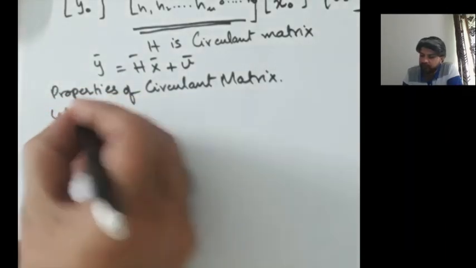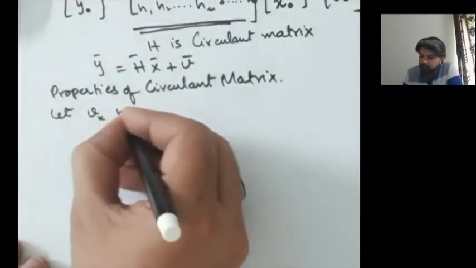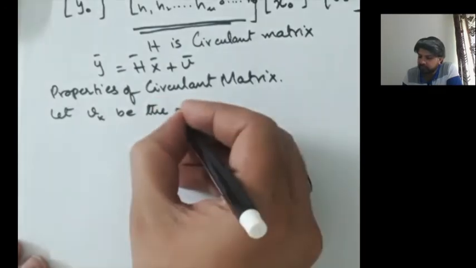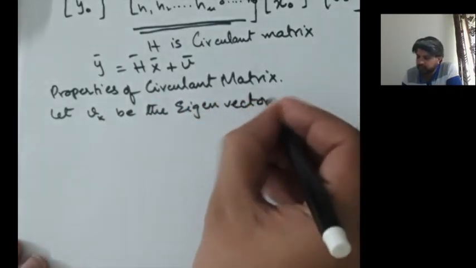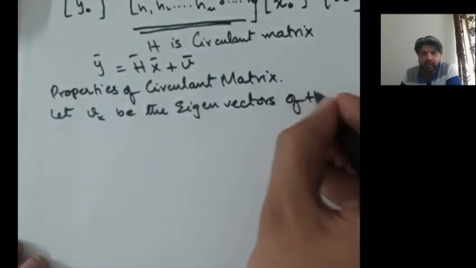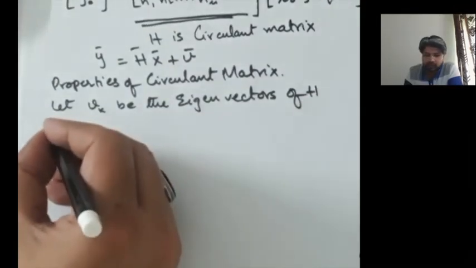So let Vk be the eigenvectors of H. This Vk has this form.